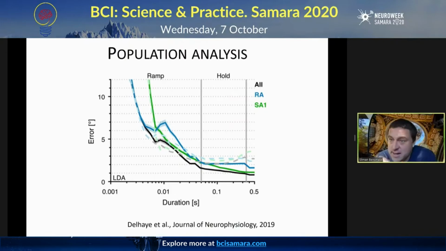But what we did is simulate the responses of every nerve fiber in the nerve. And what we found is that in fact, the spatial information evolves very quickly. So for instance, this is showing how quickly you can figure out the orientation of an edge indented in the skin from these patterns of neural activation. And we showed that you can do that within like 30 or 40 milliseconds.